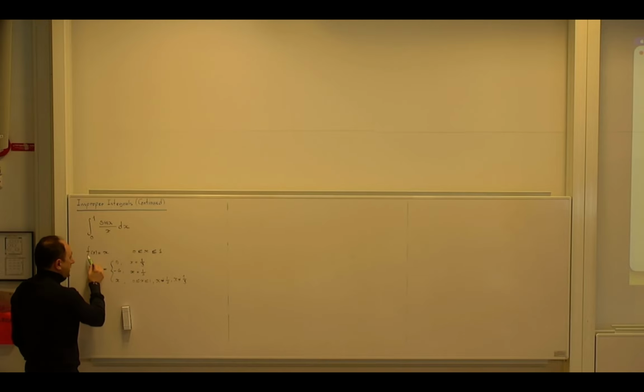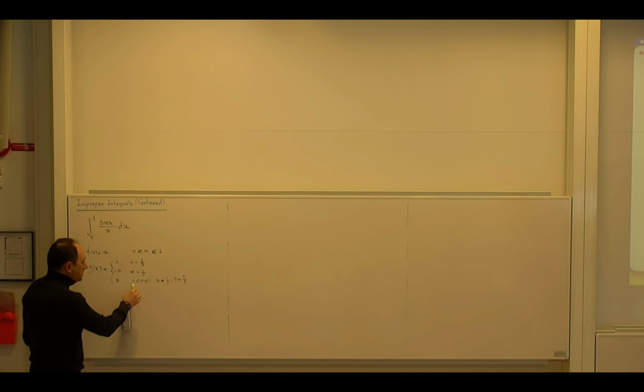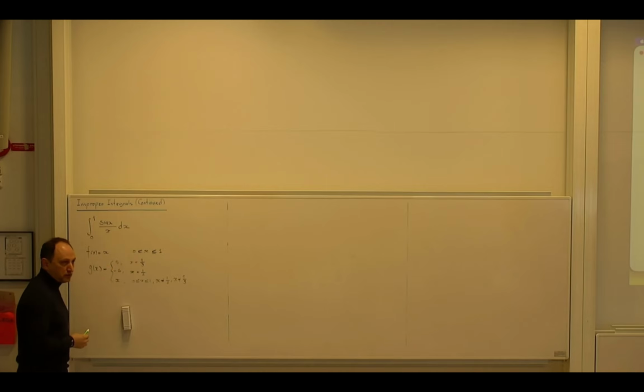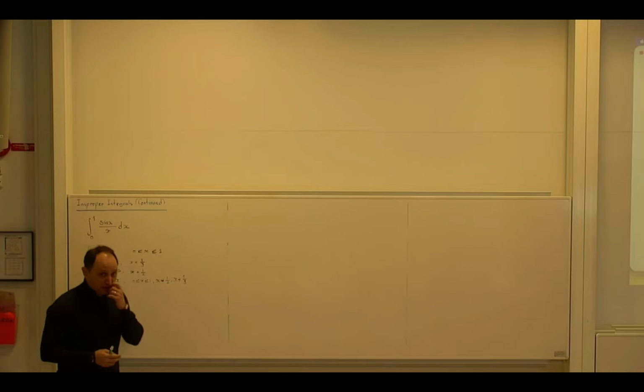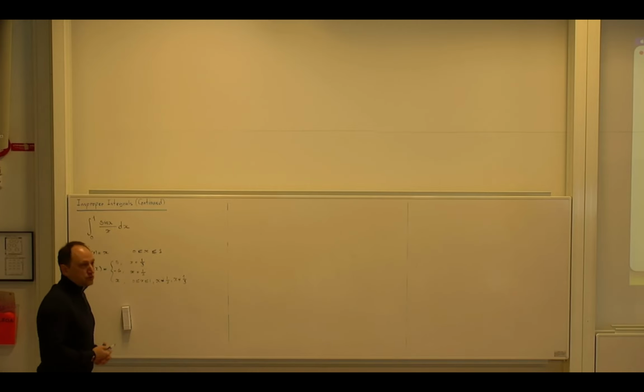And f of 1/2 is 1/2, but g of 1/2, according to this definition, is minus 6. If x is somewhere between 0 and 1, but not these two numbers, I define it exactly as before. So these two functions are almost identical except at finitely many points, in this case 2 points.